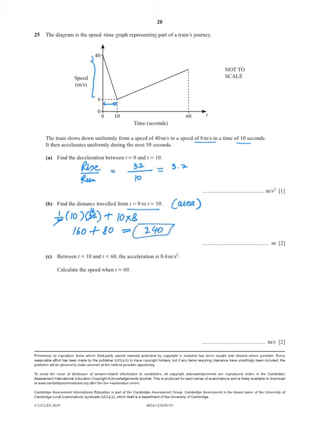For the last part, between t equal to 10 and t equal to 60, the acceleration is 0.4. Calculate the speed when t equals 60. At t equals 60, I will label the unknown speed as x. If I complete the triangle here, acceleration is rise divided by run, as we discussed in the first part.